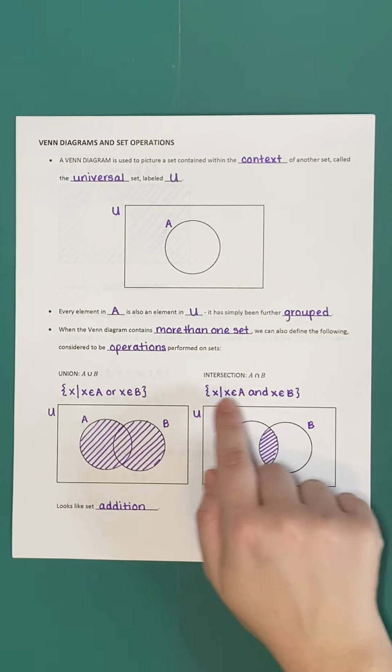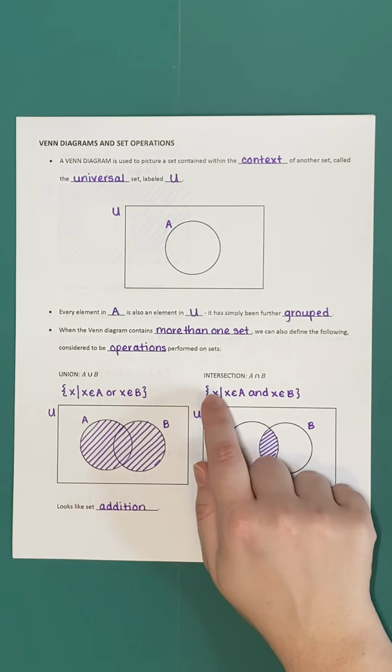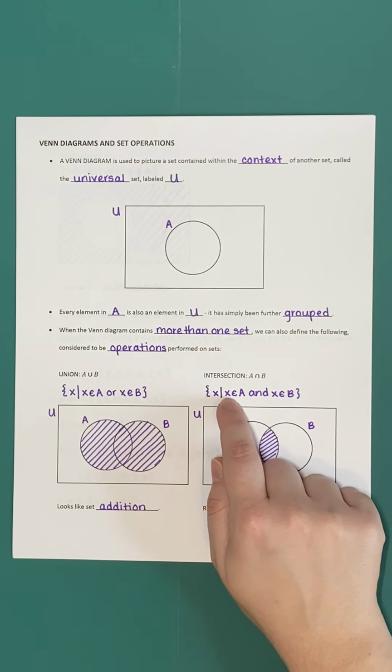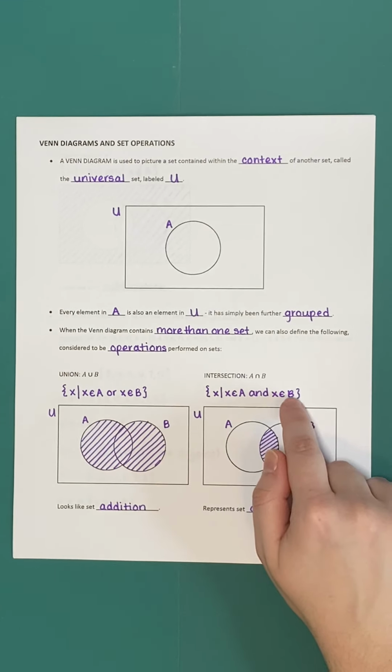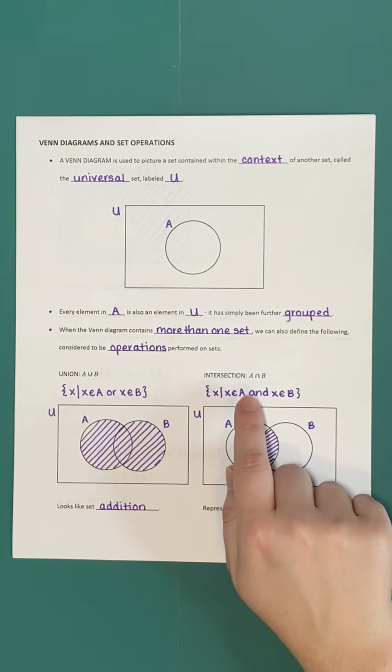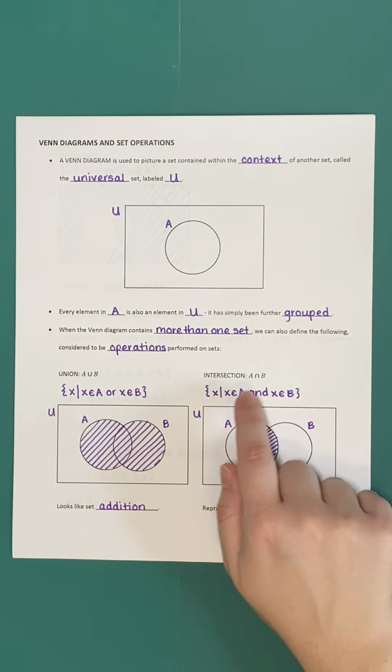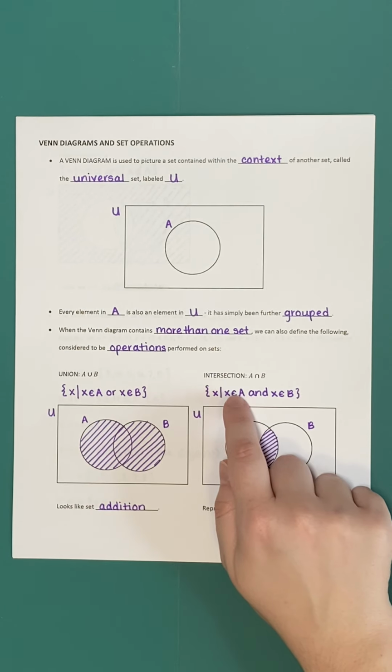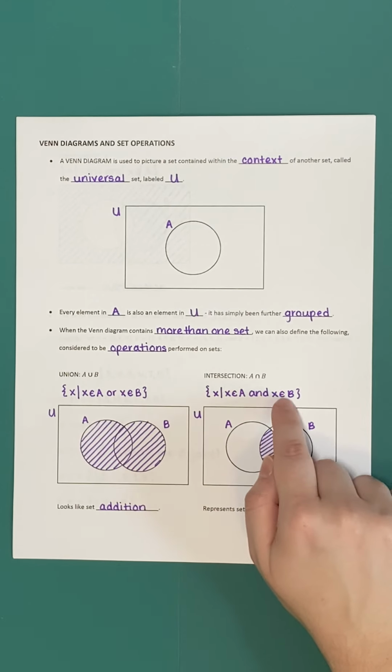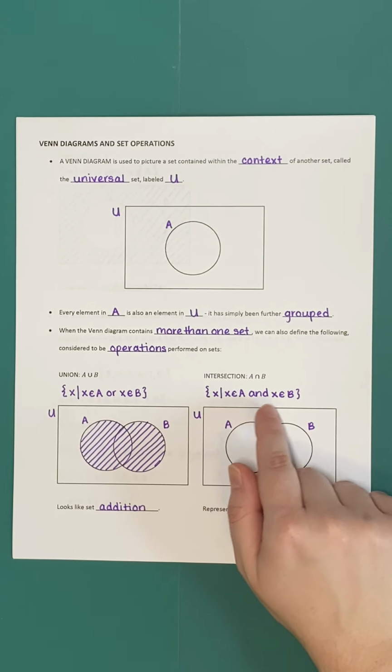If we were to describe what's in the intersection, it's all X such that X is contained in A and X is contained in B. That word and means both at the same time. It means it has to be an element of A and it has to be an element of B at the same time.